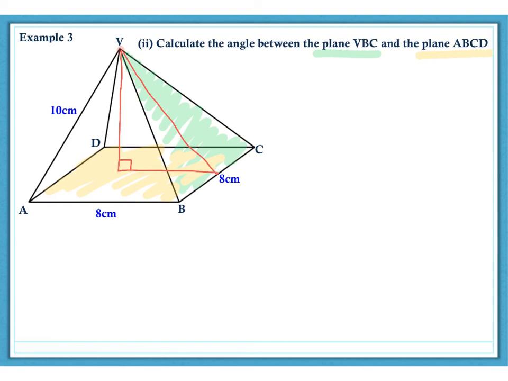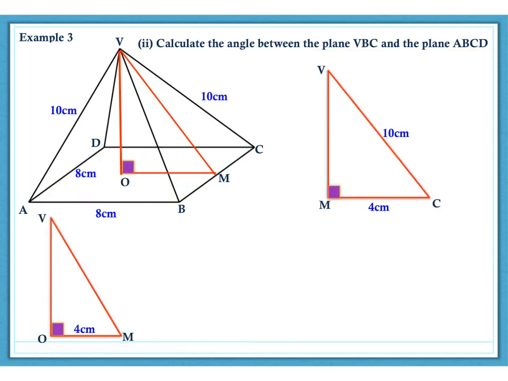The angle between the two planes is the angle between the green and the yellow shading, which is this angle over here. This point here is the centre point of the base, so it's in the middle of this square, and this point here, M, is the midpoint of the side BC.